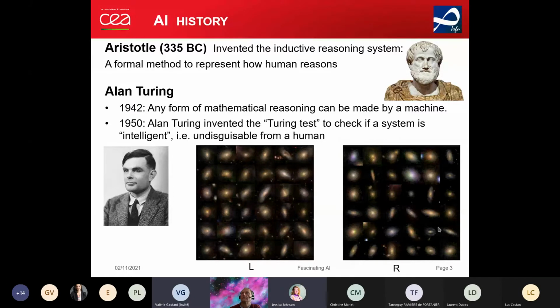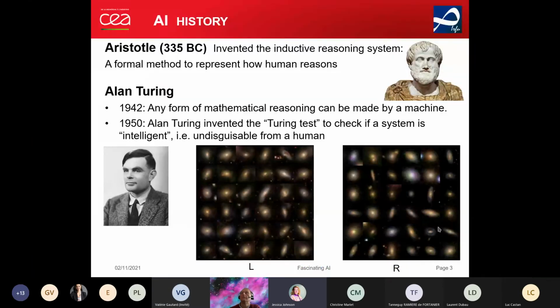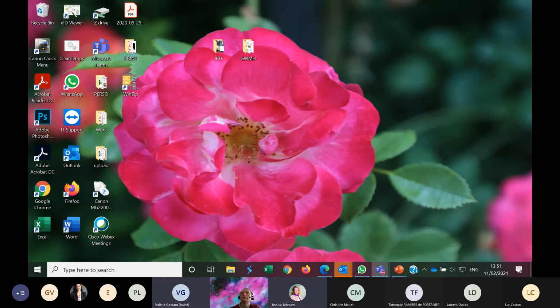We have just launched the poll for you. You have received the link in the chat. So if I could invite participants to respond to the poll using the VBox tool. I'll just give you a moment all to respond.